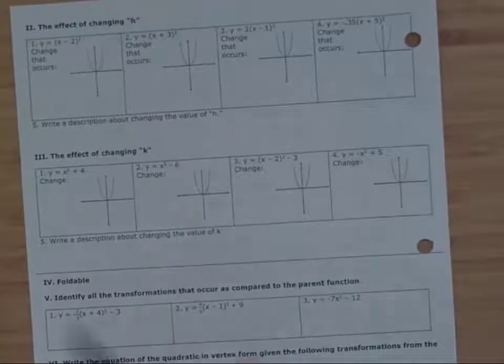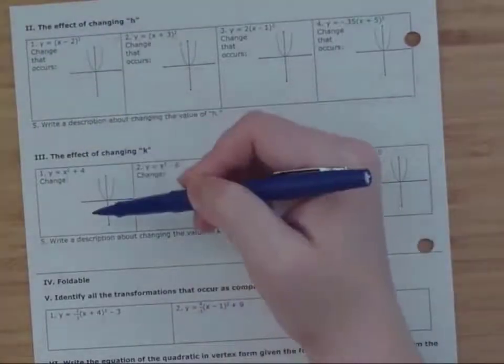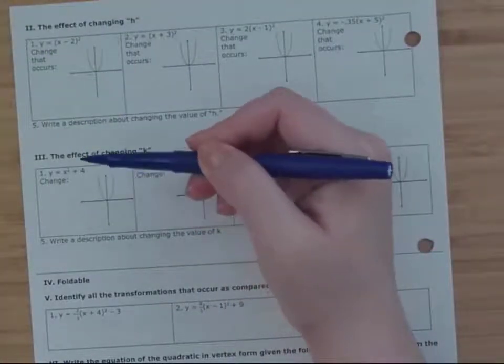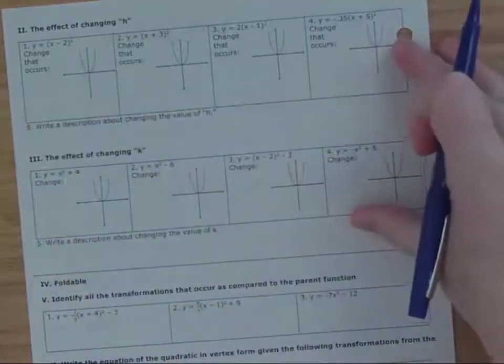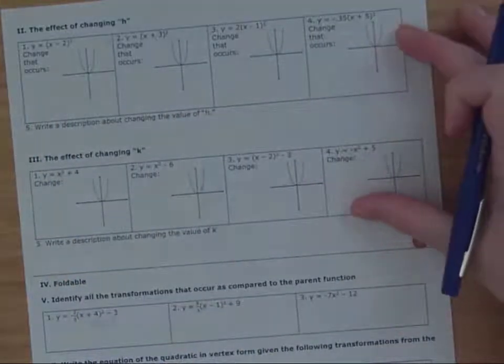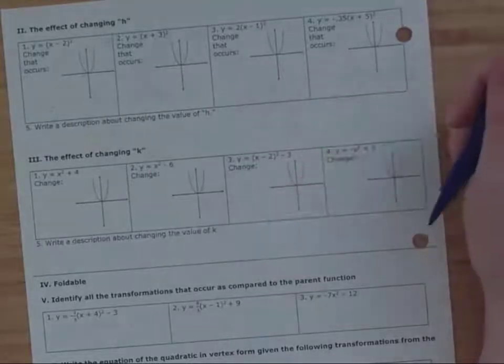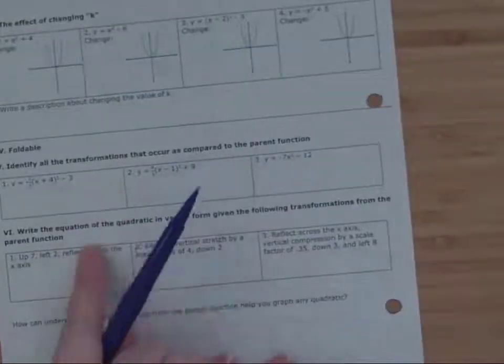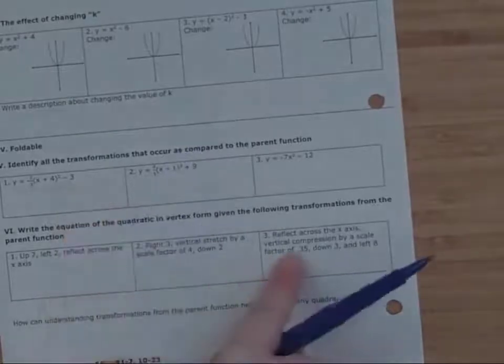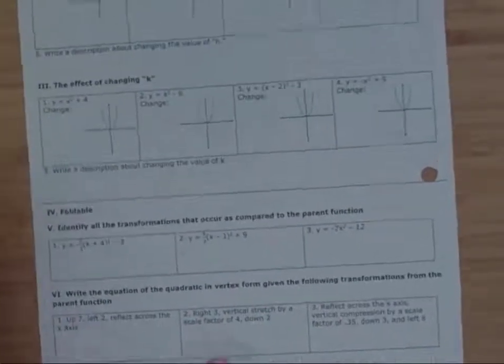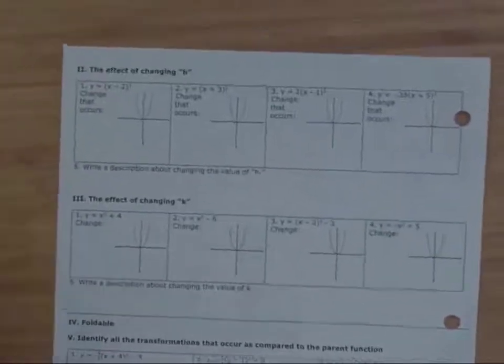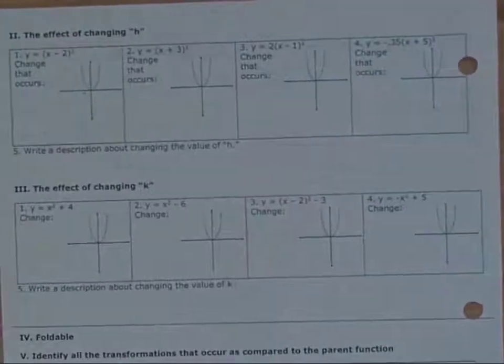All right, so in the back of this, I'm going to do the first two examples with you, and then you can look on a graph at how these other three look, and then check on the key if you agree with the description of the changing value of h and the changing value of k. Then we'll talk about how to identify all the transformations that happen here. So let's look at the changing values of h and k.